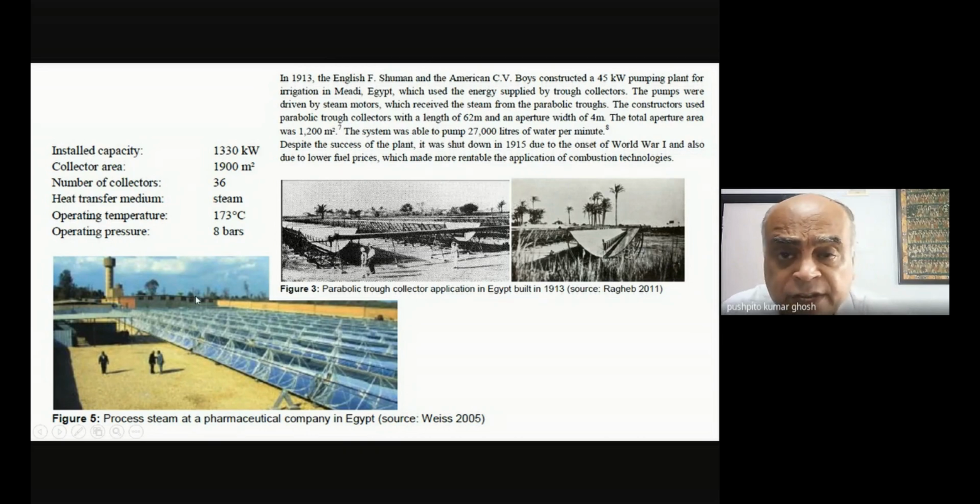Now it's interesting that in the same place in Egypt, they had actually put up one of the earliest parabolic troughs, in 1913. It was put up by two Americans. At that time, of course, they were using it for pumping of water.